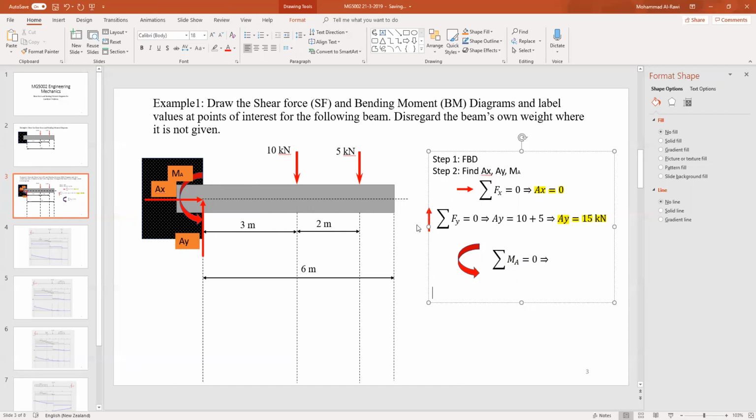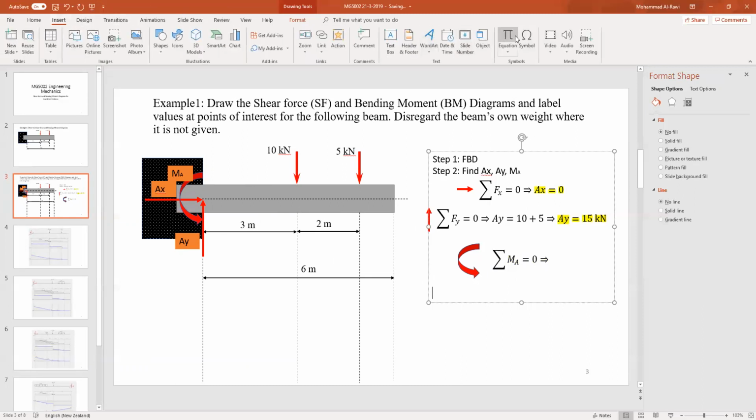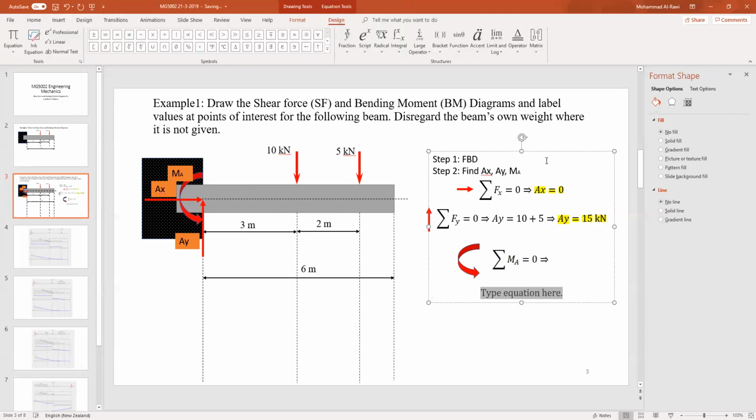So if we write that equation, we start from one of the ends from the moment, this end we're going through point A. So first one is 5, which is the force, times the distance, 3 plus 2. So here is the 2 meters plus 3 to this point, and plus the 10 kilonewtons and the distance, which is 3 meters.